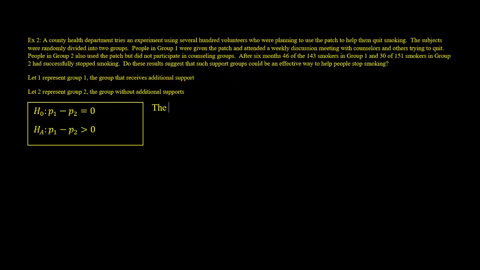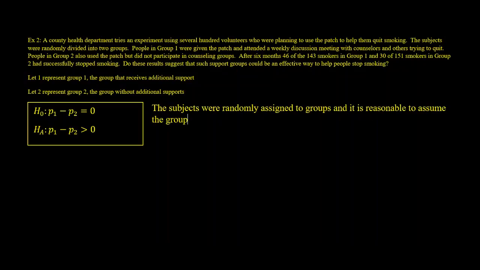So let's check our conditions. The subjects were randomly assigned to groups, and it is reasonable to assume the groups are independent of each other. The randomization helps with that. We have to assume that they aren't a husband and wife or siblings or something that live together.